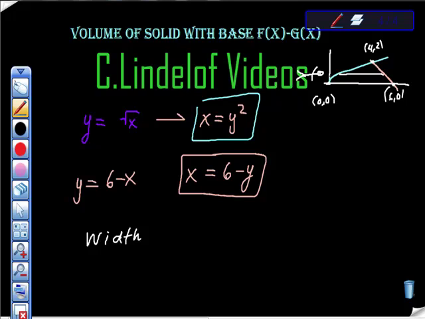This is the bottom, and he's looking up, so this curve is on the top. That's the 6 minus y curve, isn't it? And we subtract out the bottom curve, which is the blue curve, the y squared curve. So hopefully you can see this is the width.